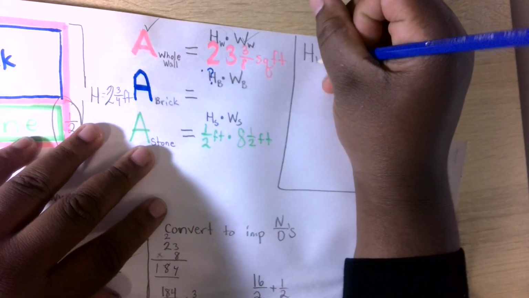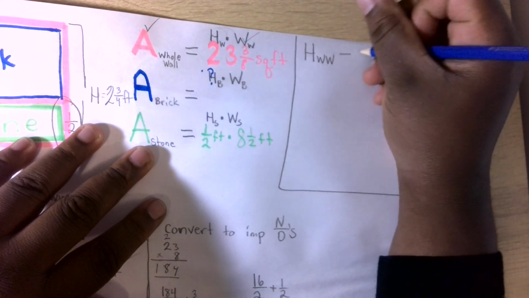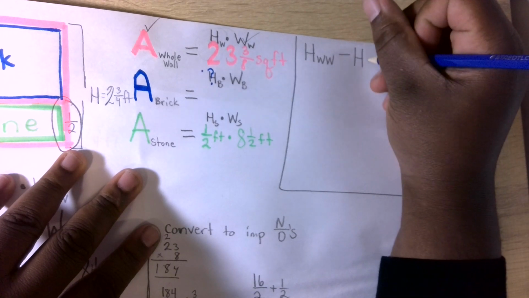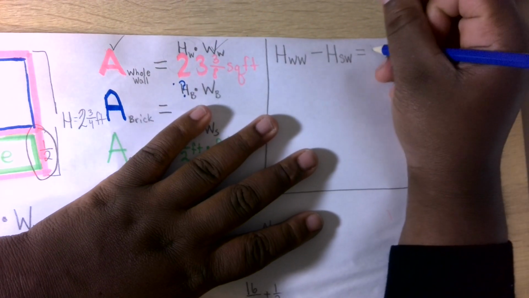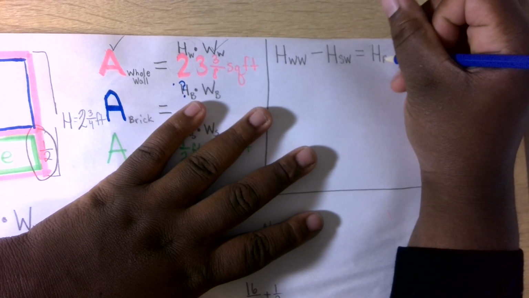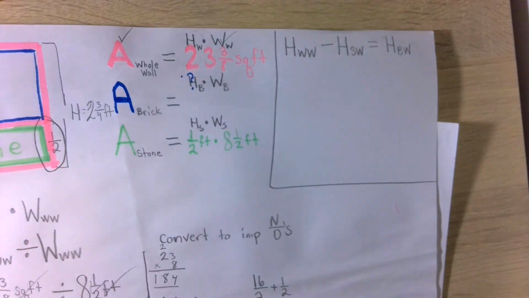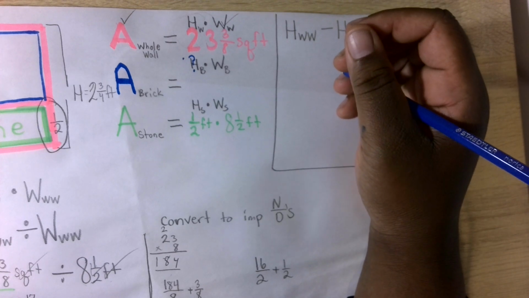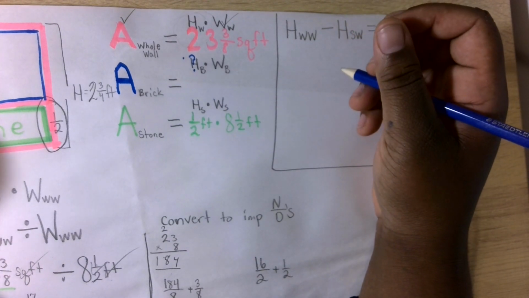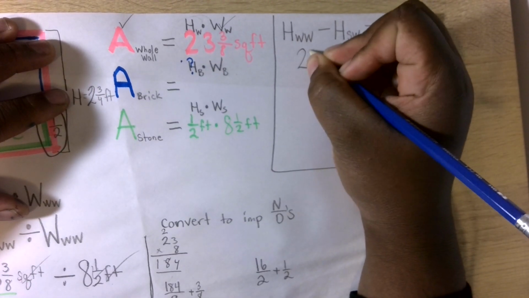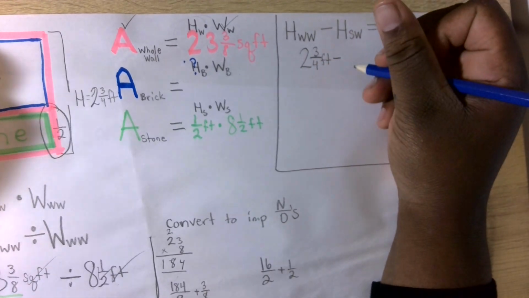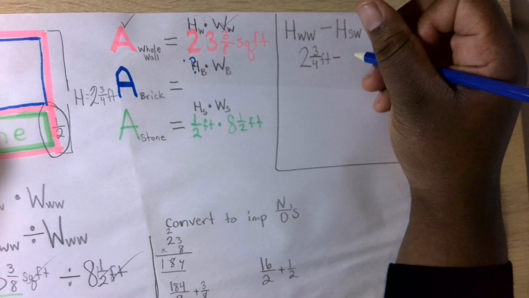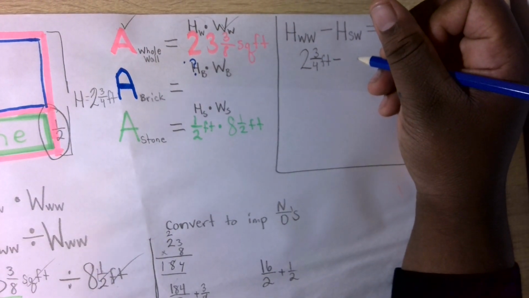The height of the whole wall minus the height of the stone wall will calculate for me the height of the brick wall. What was the height of the whole wall? 2 3/4 feet minus, I hope I'm getting this correct, the numbers. I'm confident in the math. I just need to make sure I have the correct number.